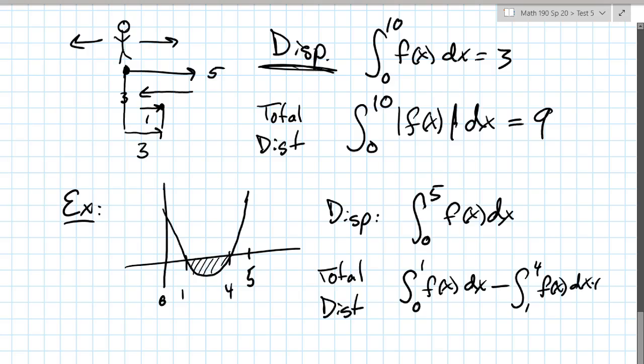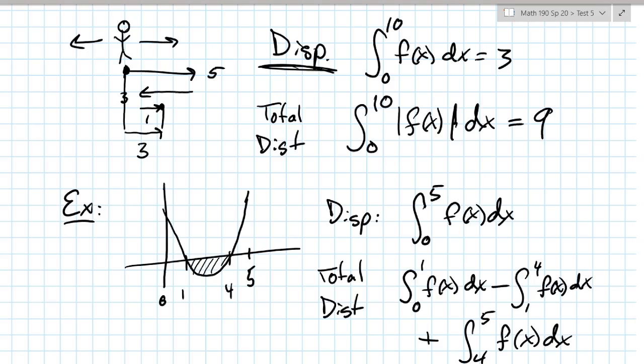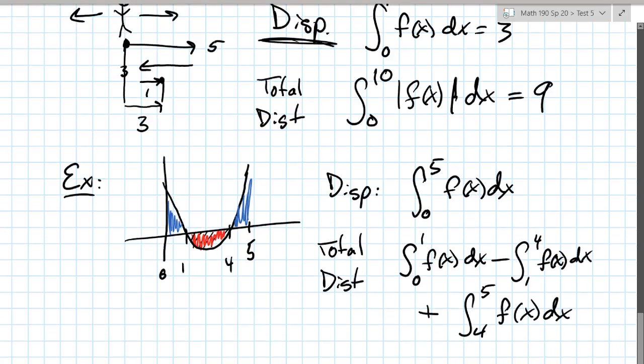And then plus from 4 to 5, because that is positive above the x-axis as well. So I want to find that area from 0 to 1, that area from 1 to 4, and then that last area from 4 to 5, keeping in mind the signs.